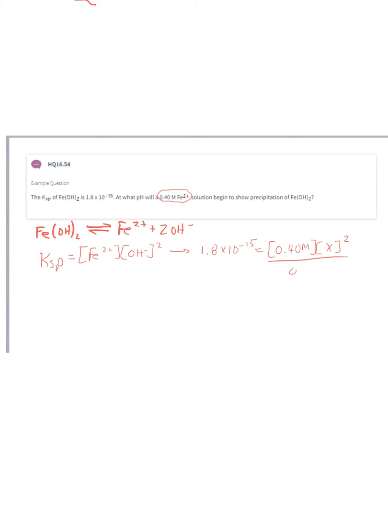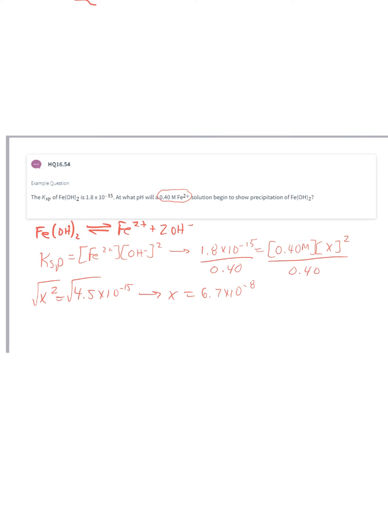So I'll divide both sides by 0.4, and I get x squared equals 4.5 times 10 to the minus 15. Take the square root of both sides, and that would give us x equals 6.7 times 10 to the minus 8.